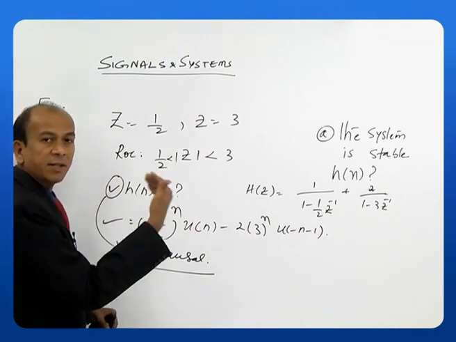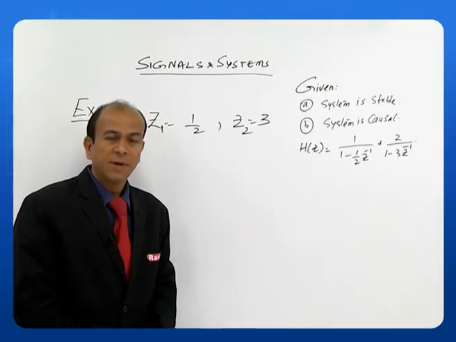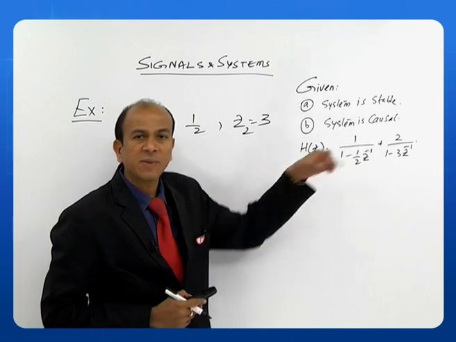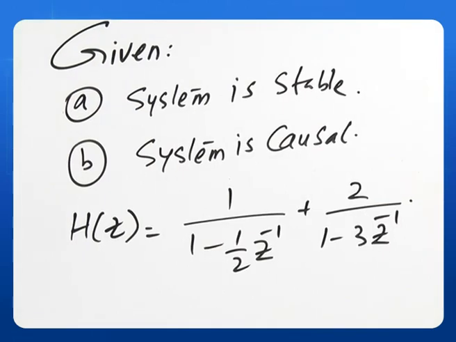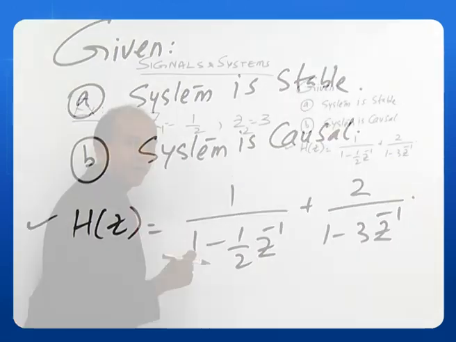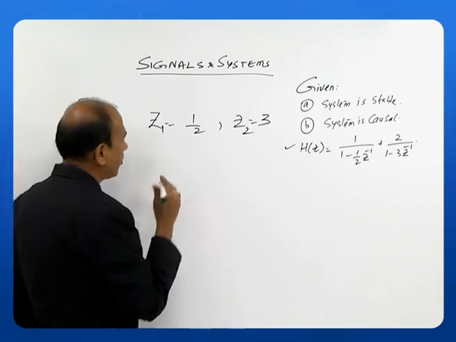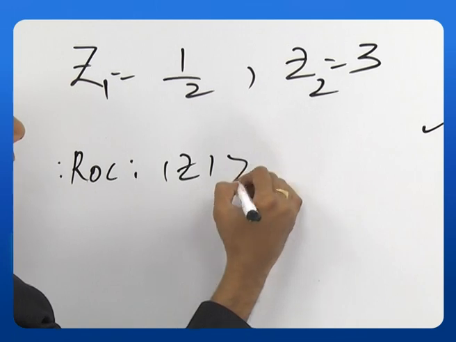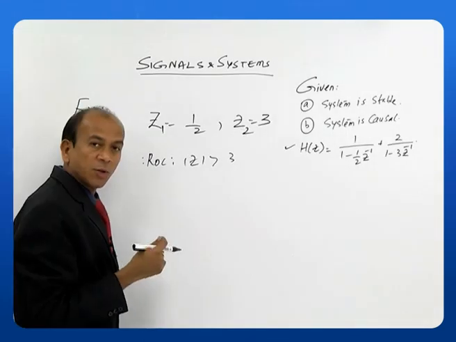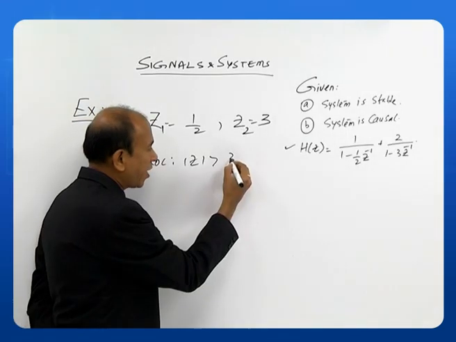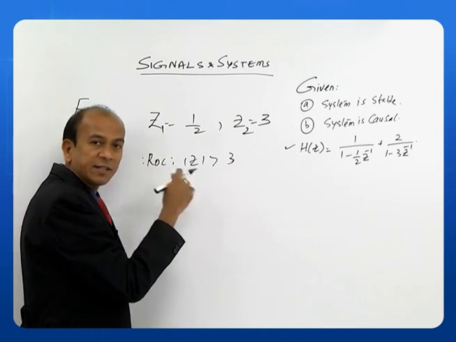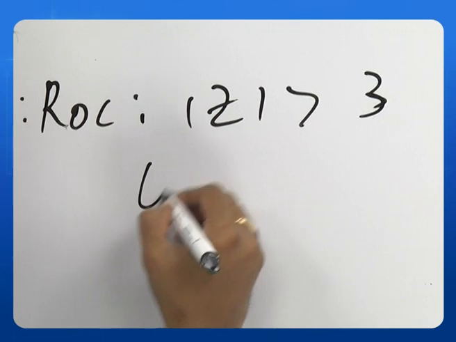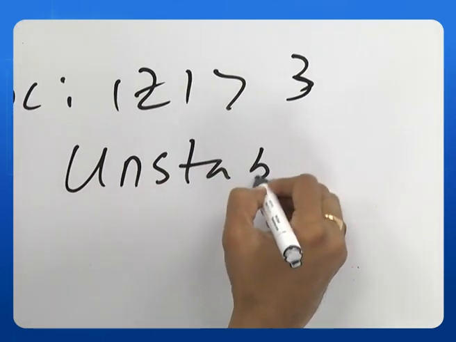Now, let us look at the second case, that is case B. Case B is that it is given that the system is causal. H of z is known for us, this is H of z, and the system is causal. Now, the ROC for such a system is z greater than 3. Whenever z is greater than 3, that means the pole is lying outside the circle, and the system is automatically unstable.